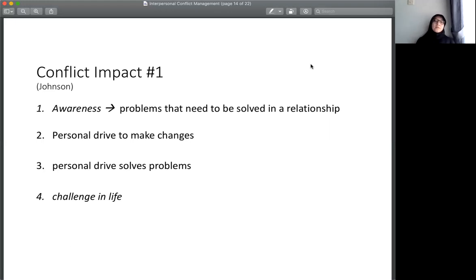The third one, personal drive to solve problems. For example, if any one of us was trapped in a toxic relationship. But on the other hand, we need that relationship to maintain our happiness.